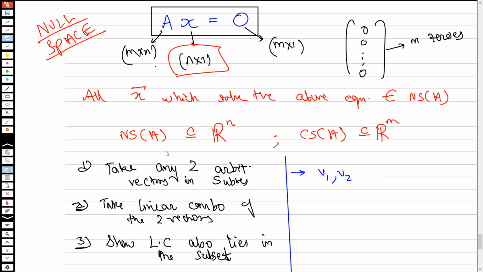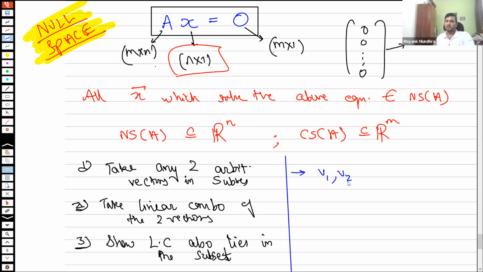I'm not talking about column space. What is written here? Can you read this? Null space. So forget about column space. If V1 and V2 belong to the null space, what property should they satisfy?